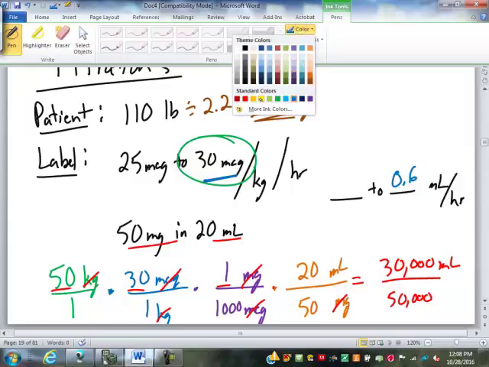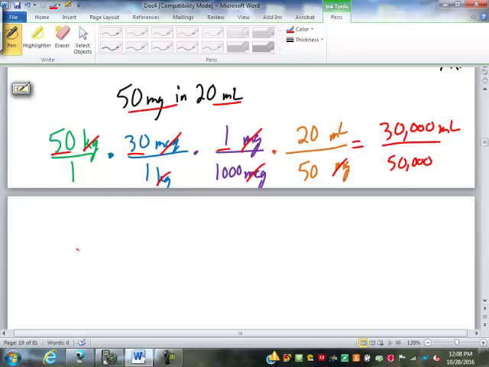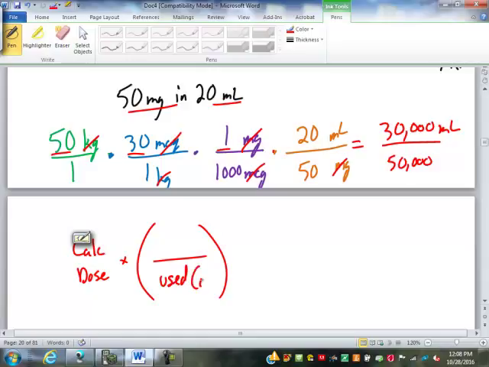To get the lower end, we're going to use titration. So we're going to take our calculated dose, times a ratio. And on the bottom of that ratio, or that fraction, is going to be what we used before, the old dose. What's going to go on top is the new, the desired end.